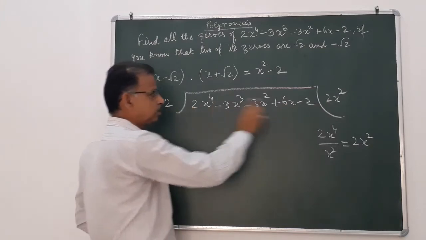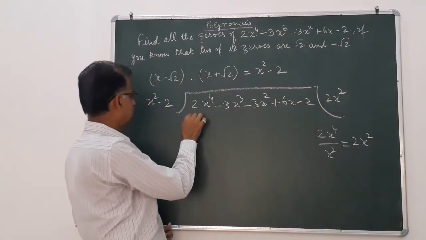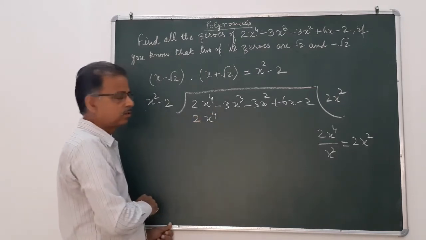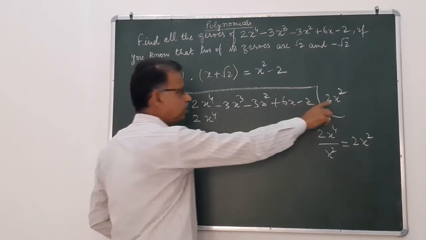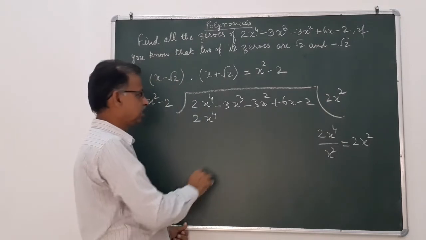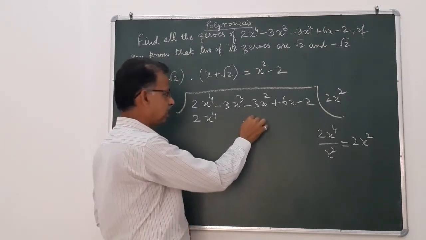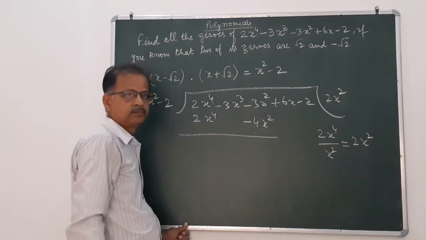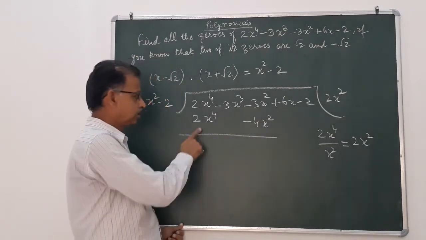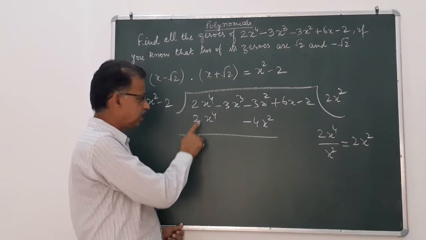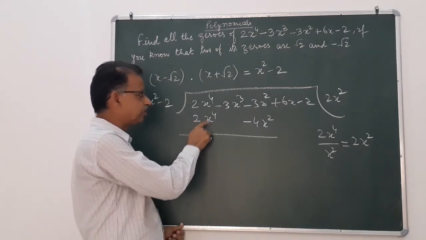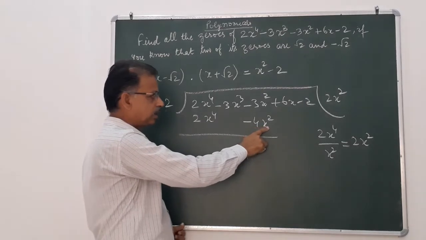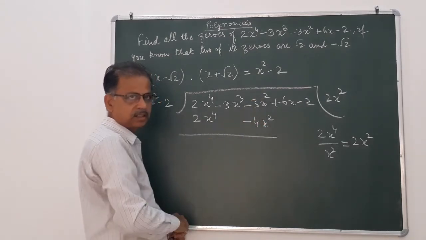So x square into 2x square is 2x power 4, minus 2 into 2x square is minus 4x square. We observe that 2x power 4 and 2x power 4 are like terms, and 4x square and 3x square are like terms.